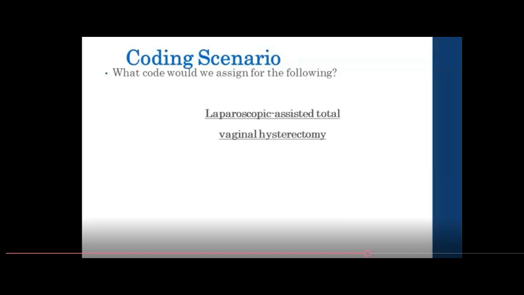So flip to our index, and we're going to go to R, to resection. And resection of what? What are we resecting again? Let's do the uterus first because it's the biggest. If we look up resection uterus in our PCS index, we see characters beside the term uterus, 0UT9.